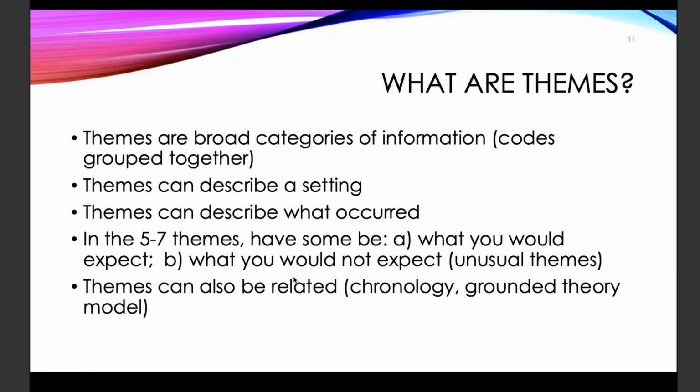Number 1, we already have prioritized concepts or ideas. And the second one is we do not have that prior idea. It's a new or emergent idea. Now, themes can also be related, either chronologically or by a grounded theory model, because grounded theory means you want to build a model which links one quote to another quote so that you can produce a specific theory or a model.